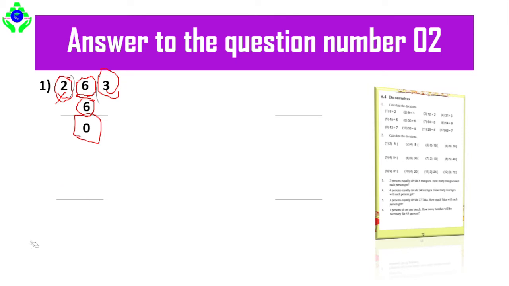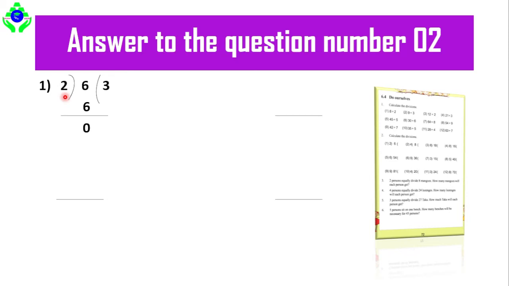So dear students, I want to mention again that the question was 2 divided by 6 is equal to what? Our first concept should be that we should make a 6 using this 2, and we multiply it with a number so that we can find 6.